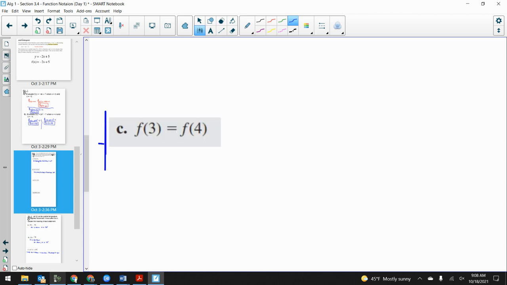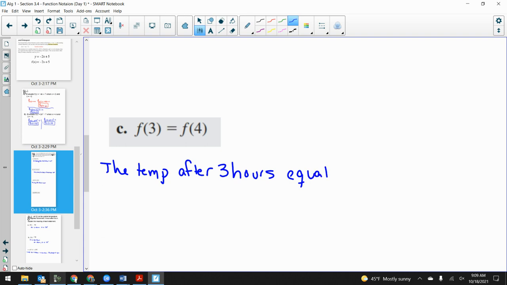Well, f of 3 just means the temperature after 3 hours equals, just turning it into words, the temperature after 4 hours. Now, does that really make sense? Well, when am I taking it out of the oven?